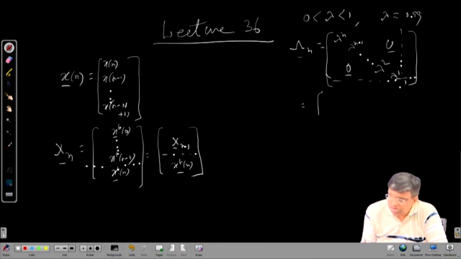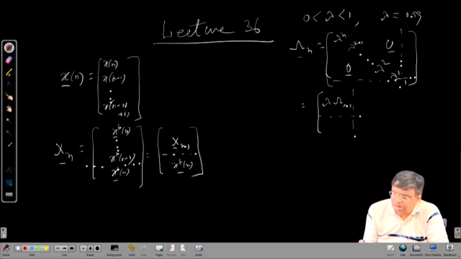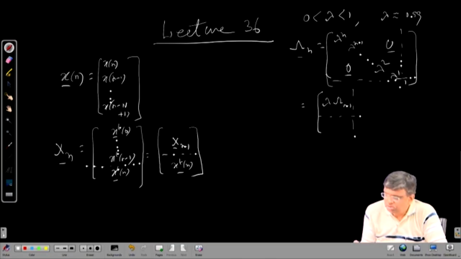So it was lambda to the power n minus 1, then n minus 2 and dot dot dot, 1. The submatrix is this. If you take out lambda, you are left with lambda to the power n minus 1, n minus 2 dot dot dot up to 1. So that is your matrix lambda n minus 1, multiplied by the lambda which you took out.